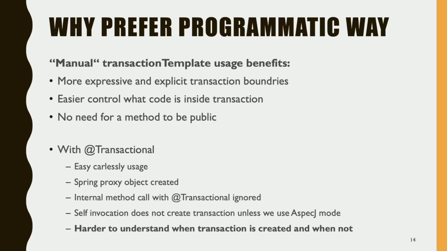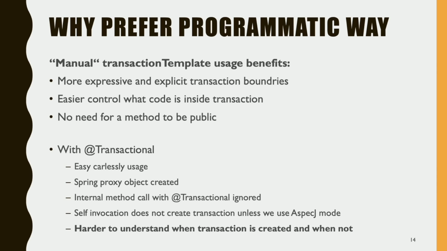So this block of code should be executed inside a transaction, should be a database transaction, and it's just more expressive for me. Then we also have a couple of benefits, like the method doesn't need to be public, as it does for the transactional annotation, because of the way Spring Boot handles those fancy aspects of annotations. Yeah, it can be tricky. For example, transaction inside transaction. So we have a method with transactional that calls another method with transactional.